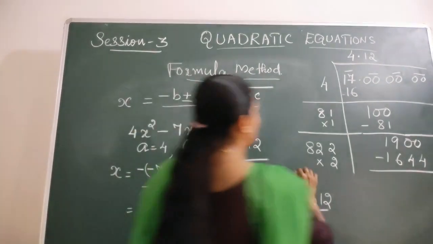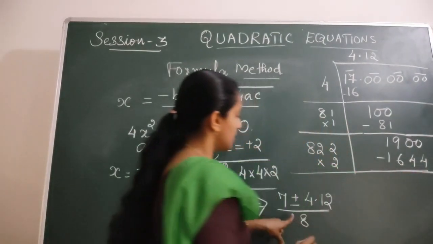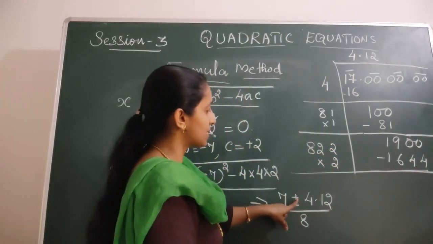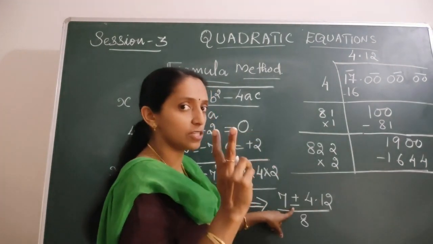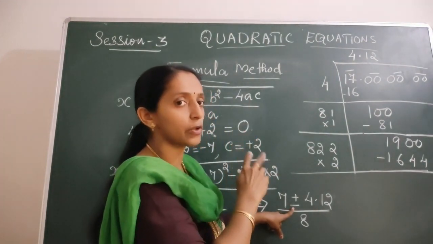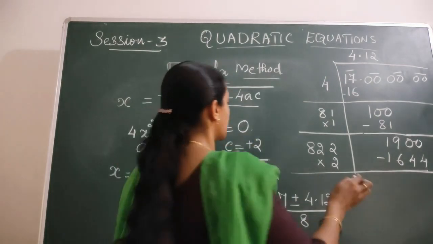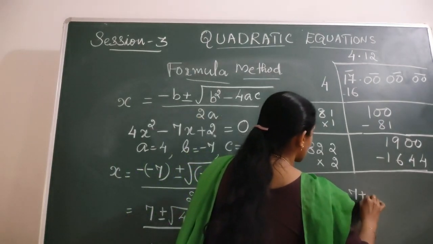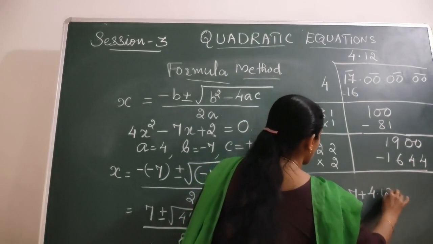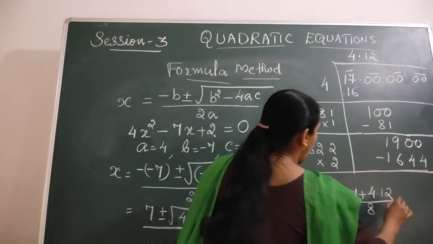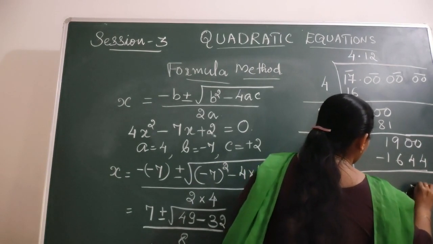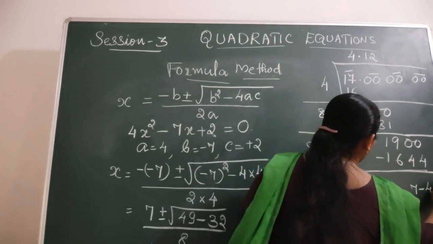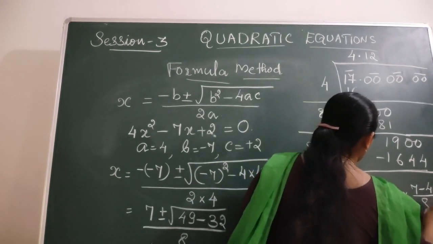Now you will split this value because there is a plus sign as well as a minus sign. We need two values. As it is a quadratic equation, it is having two roots. So you will write the first value as 7 plus 4.12 upon 8, or 7 minus 4.12 upon 8.